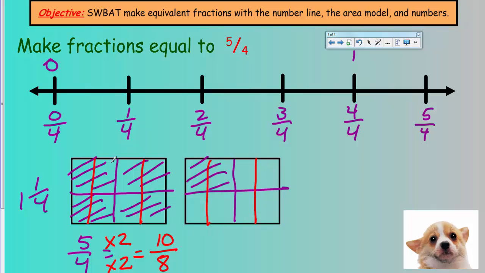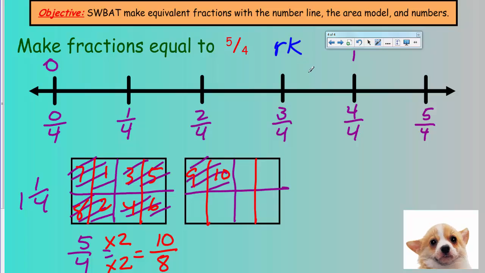So that's our denominator. Now, we'd have 1, 2, 3, 4, 5, 6, 7, 8, 9, 10. 10 over 8. Still the same quantity, okay? You see, I'm just showing you 1, 2, 3, 4, 5, 6, going over 7, 8, 9, 10. So you knew I was kind of counting there. And 10 over 8.